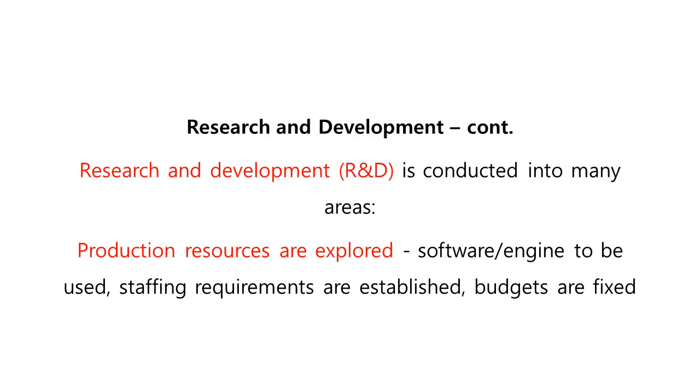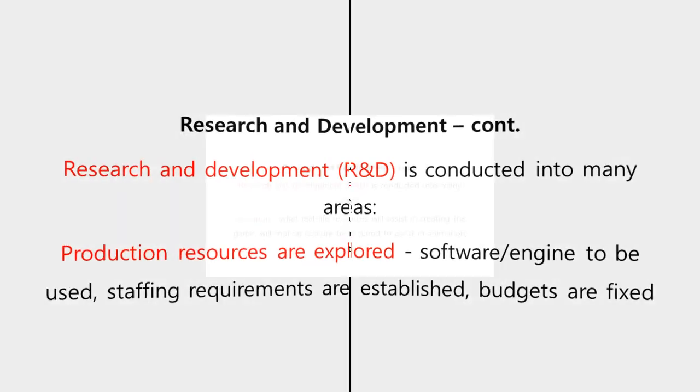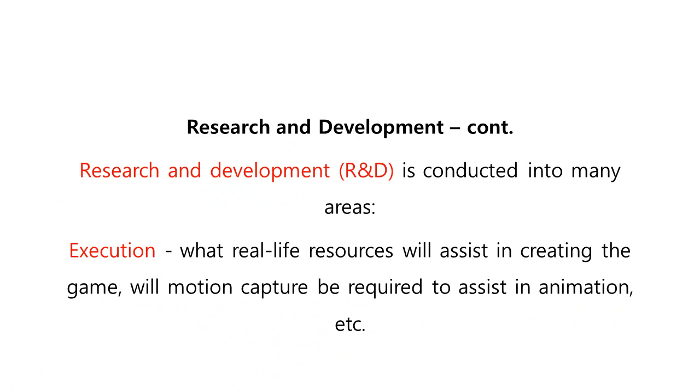Second, production resources are explored, that is, the game software or game engine to be used, staffing requirements are established, and the budgets are fixed. And third, execution. What real-life resources will assist in creating the game? Will motion capture be required to assist in animation? And more.